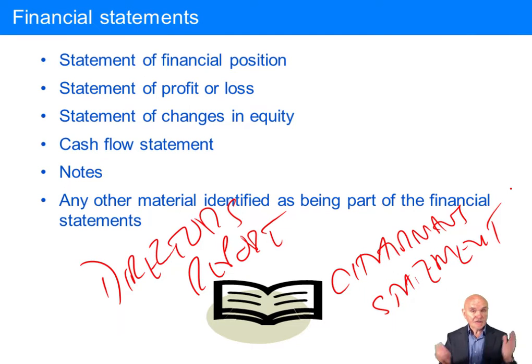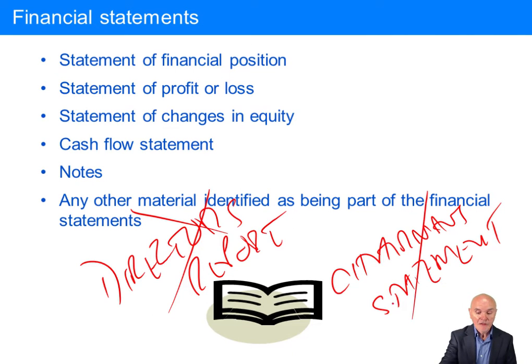So the audit is confining itself to basically these 5, sometimes 6, but basically 5 statements: financial position, profit or loss, changes in equity, cash flow, and notes. That's what we're reporting on. Not the director's report, not the chairman's statement, not any of the other stuff that nowadays you might find in a large, glossy financial report.